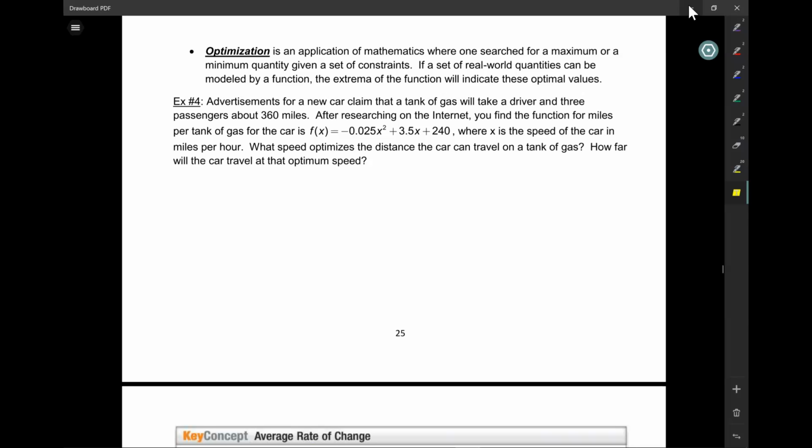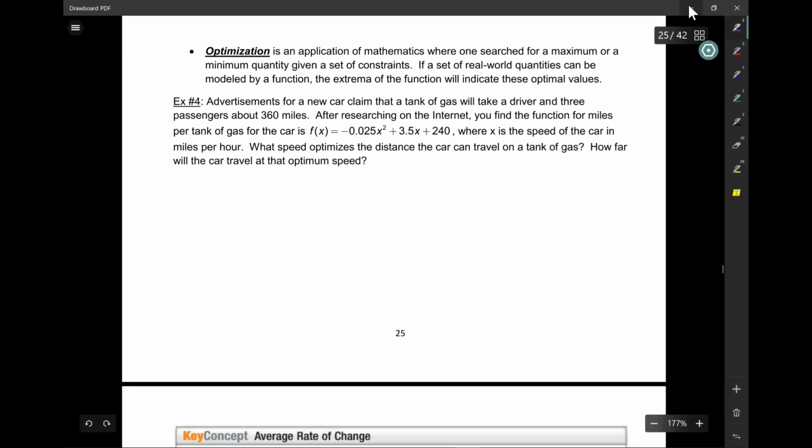So that's an optimization problem. You guys do it all the time. Like, what's the minimum I can get on this test to end with the highest possible grade at the end of the semester? You guys do optimization problems all day long, especially in December.